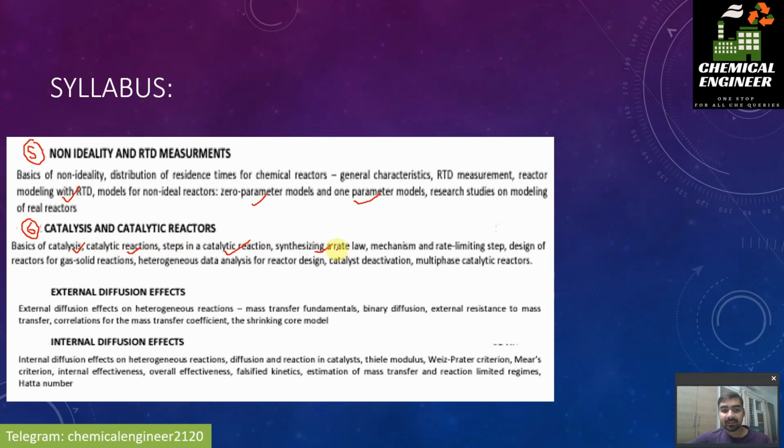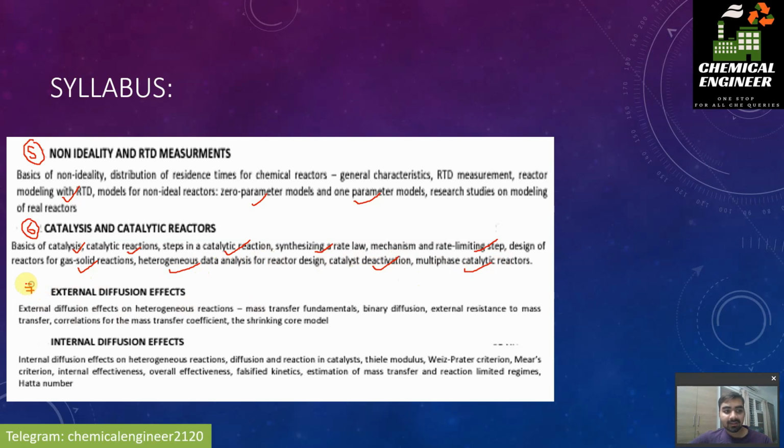Then synthesis of a rate law, because here we will be changing the rate law. So synthesizing of rate law mechanism, rate limiting step, design of solid gas reactors, heterogeneous data analysis for reactor design, chemical deactivation, how a catalyst gets deactivated, multi-phase catalytic reactors. So all those we will cover in the sixth chapter.